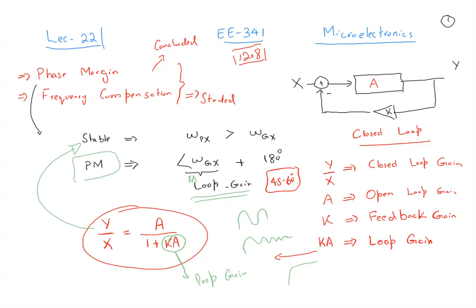Another thing where I felt there was confusion, let me reiterate it. It was in problem 4 of the assignment. In problem 4, what was given to you was the closed loop gain, meaning in the previous equation, y by x was given as equal to 10.